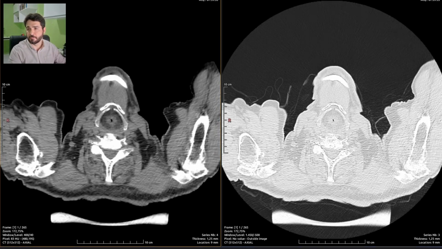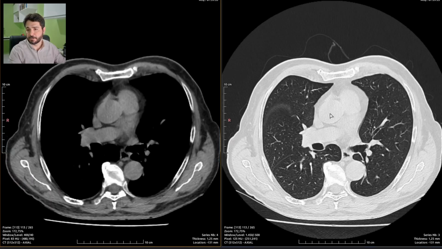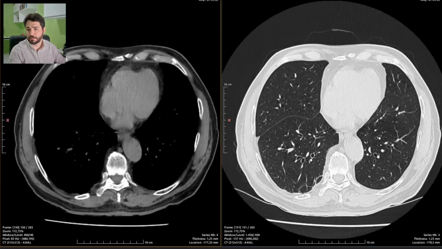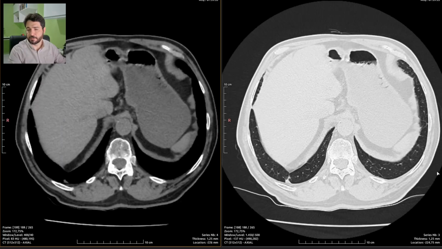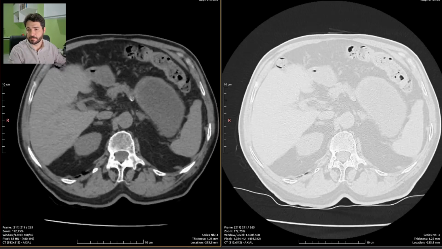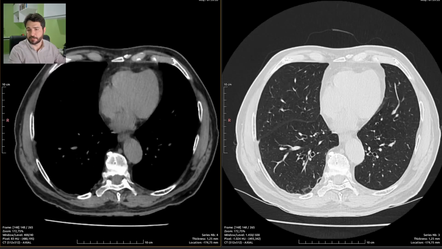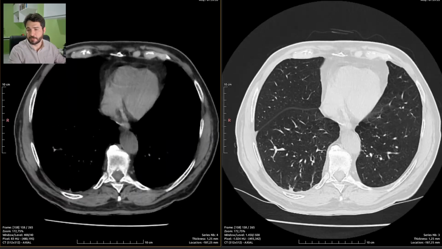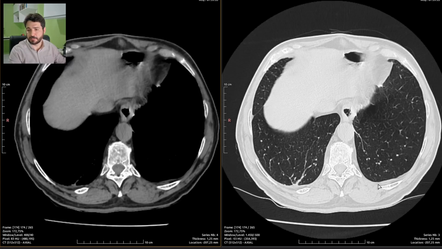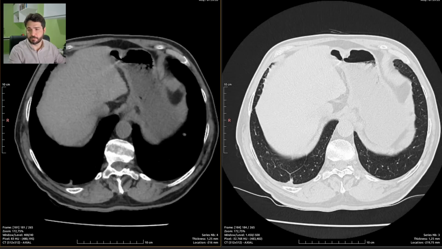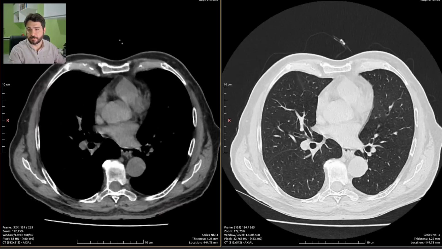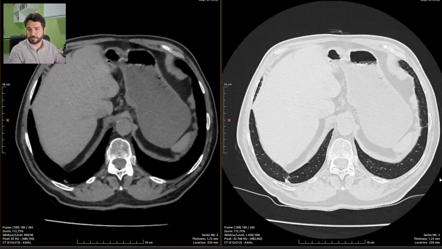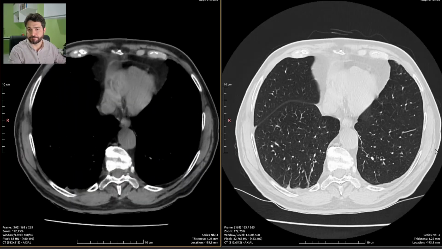Let's roll more parenchyma. So lungs right here. We have some bands on the right base of the lung, some thickening of the pleural leaflets on both bases. This is probably scar tissue from previous pneumonias.